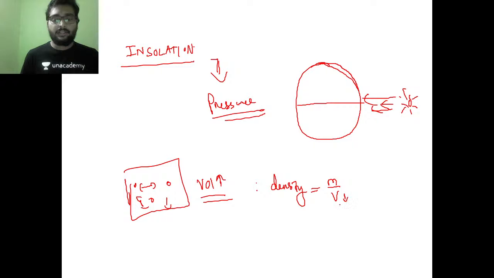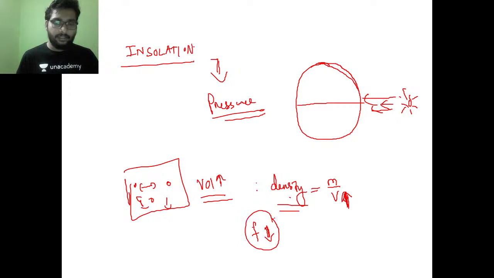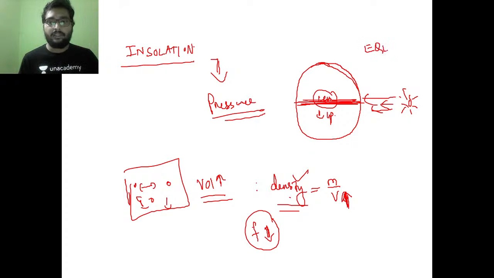Volume increases, that means the denominator increases, so the fraction value decreases, and the fraction is the density, so there will be less density, and less density always leads to low pressure, and hence at the equator a low pressure will be created. Since it is at the equator, we call it the equatorial low pressure belt. So in this case, equatorial low pressure belt will be created.